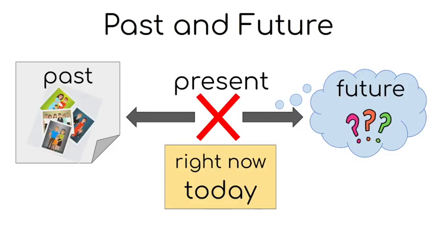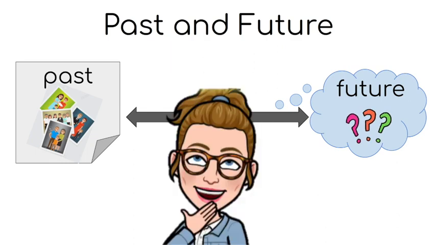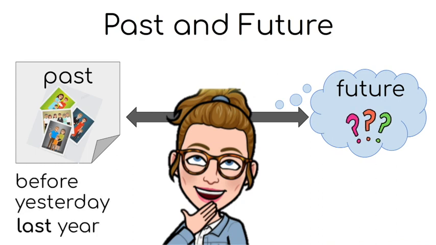Let's move on now to talk about the past and the future. We talked about the past and the future, and I shared with you a video that talked about these different times. We have the present, which is right now or today. Then we have the past, which is anything that is before: yesterday, last year, what happened.